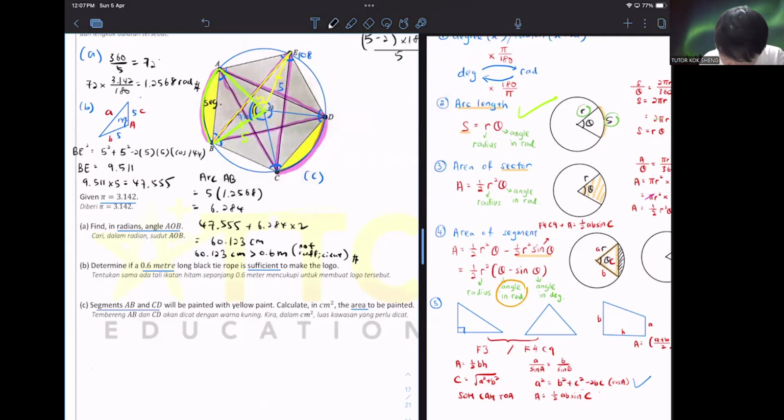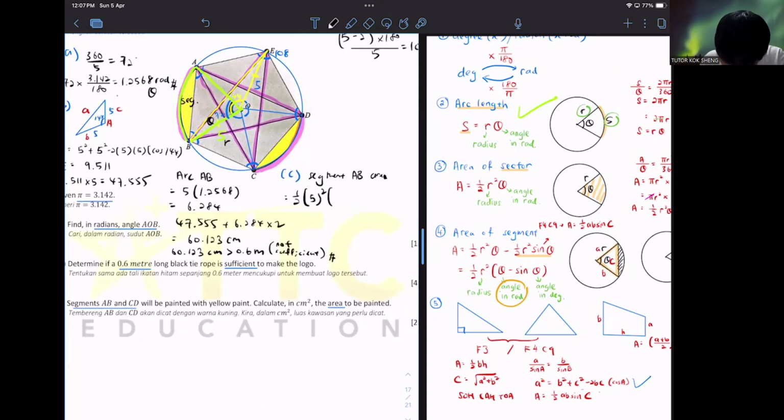So I think we have everything. Radius again 5, theta again 72, and you need the radian also. So you have everything now. Segment AB, the area is 1/2 r squared, radian minus sine of the degree. 1.2568 minus sine 72.